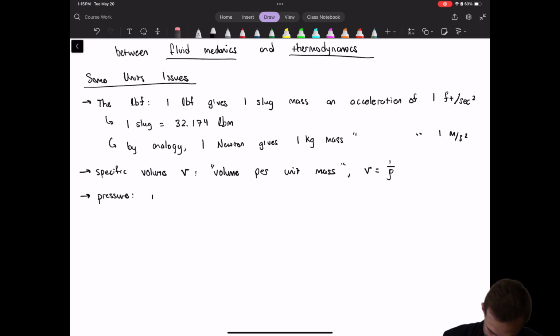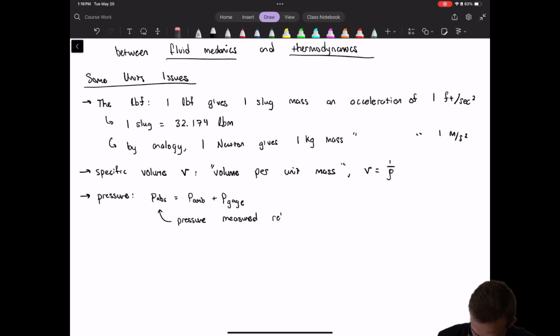You also have this note on pressure. This is often brought up in an introductory thermodynamics class: the difference between absolute, ambient, and gauge pressure. In general, in this class, we're going to be using absolute pressure, which you can define as the ambient pressure plus P gauge. So this absolute pressure, P abs, is the pressure measured relative to perfect vacuum.